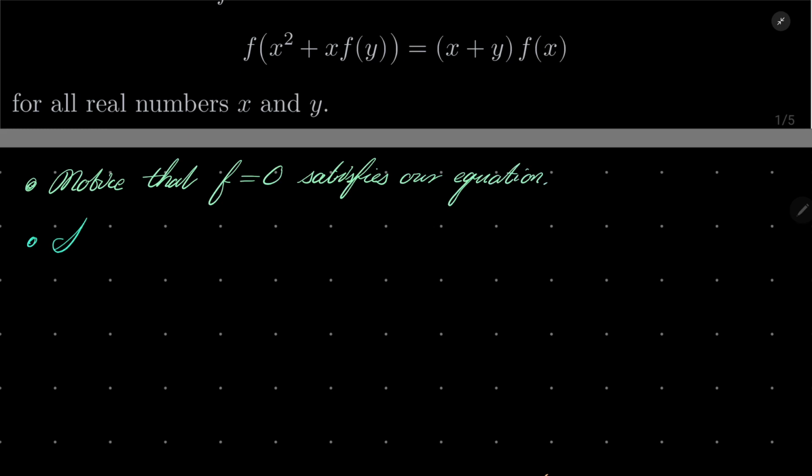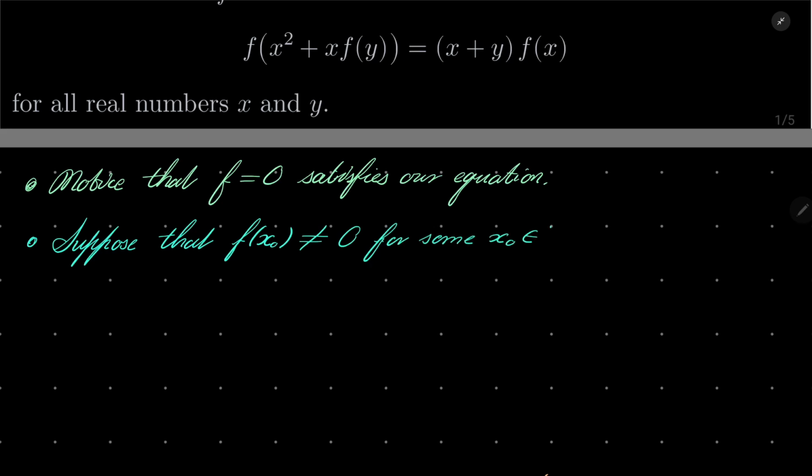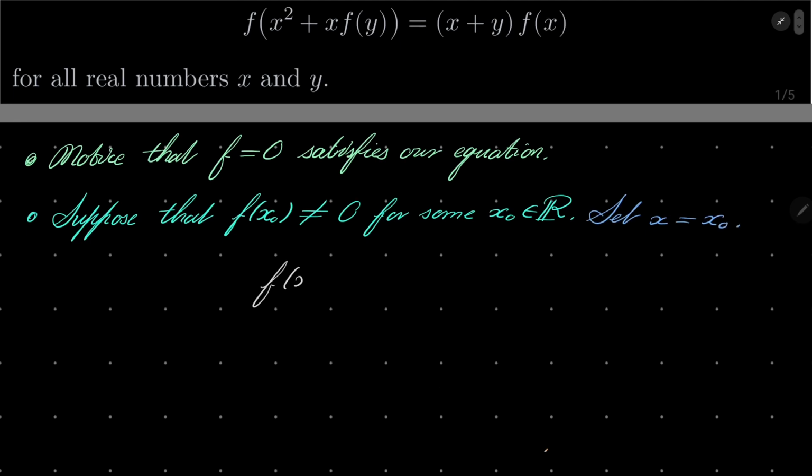Now suppose that f of some real number x0 is not 0, and let's set x to be x0. We have the following: f of x0 squared plus x0 f of y equals x0 f of x0 plus y times f of x0.